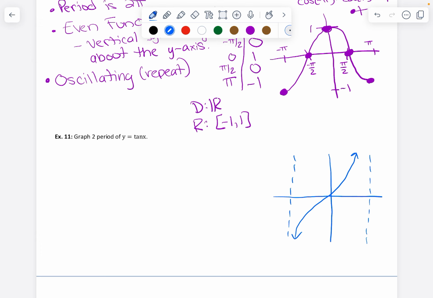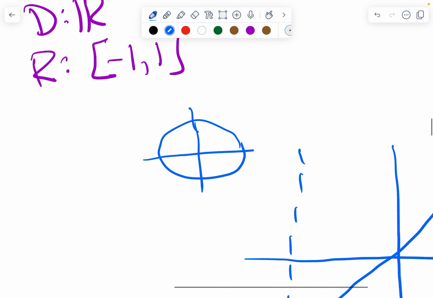So this is a sketch of tangent, and we'll include a little unit circle here, so we can talk about what those vertical asymptotes are doing. All right, so if we think about tangents, some interesting things are happening here and here.